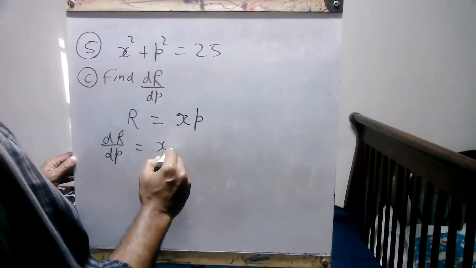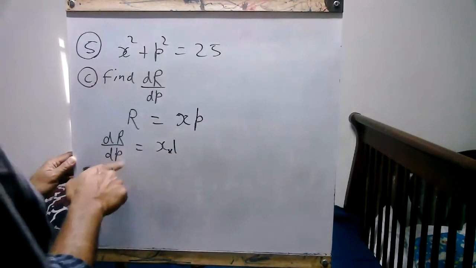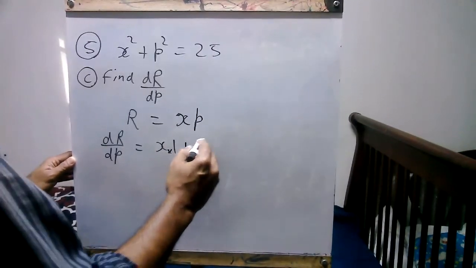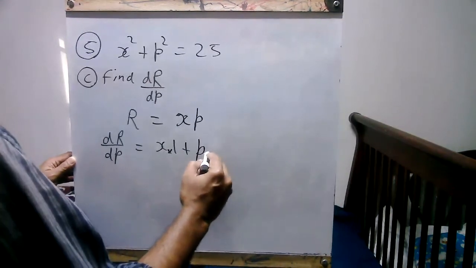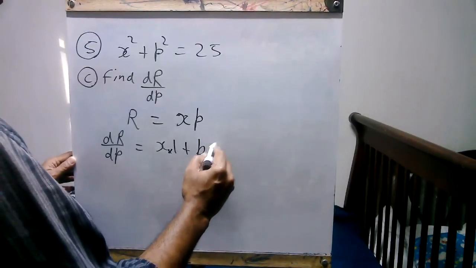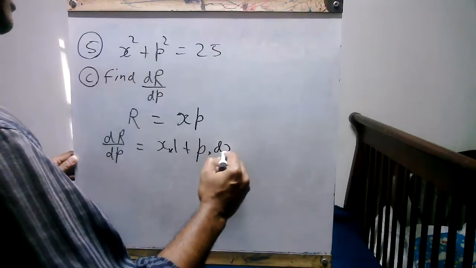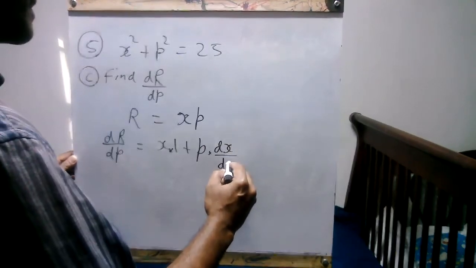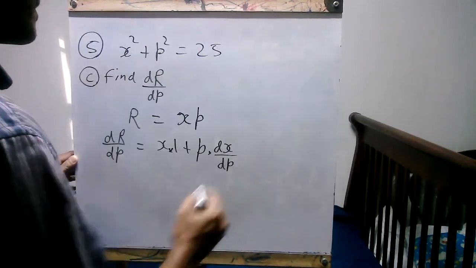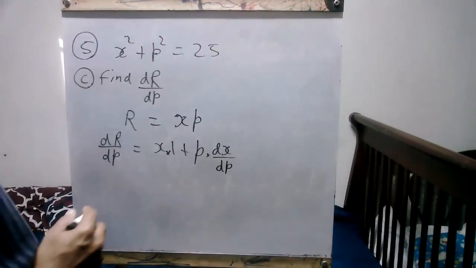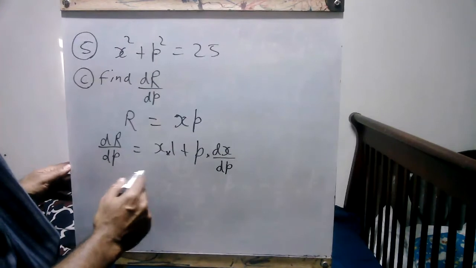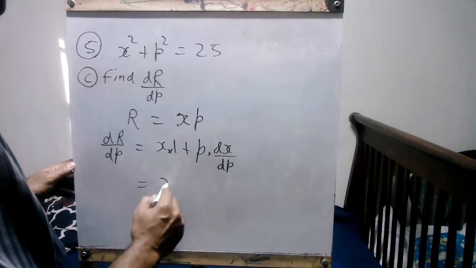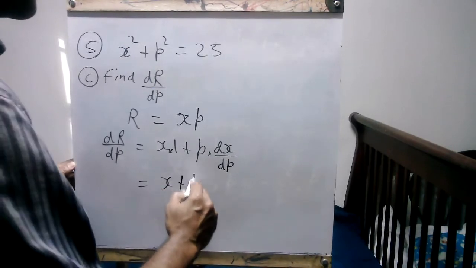Derivative of p with respect to p is 1, plus p times the derivative of x, dx/dp. Here we get x plus p.